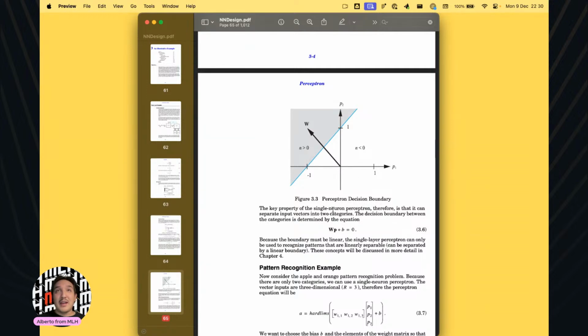Even for the Hamming network and this perceptron, classification can only be made with linearly separable problems. What does that mean? I will show you a graphic that represents that better.